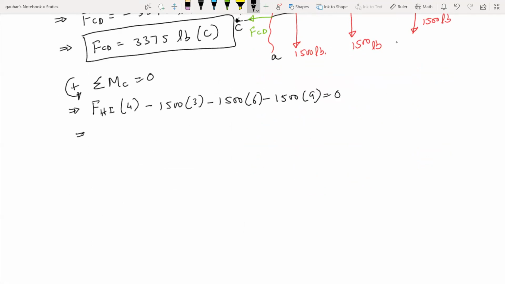So this is the moment equation for point C, and from here you get FHI equals 6,570 pounds, right? And since we get a positive number and we assume tension, we'll say, okay, this is a tension force.